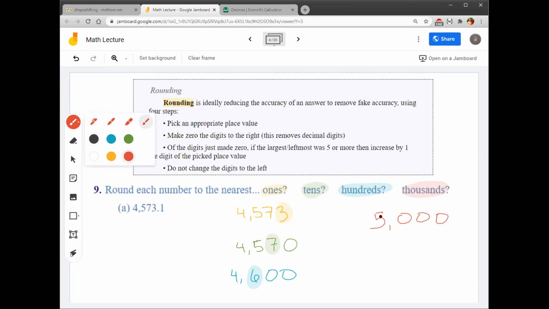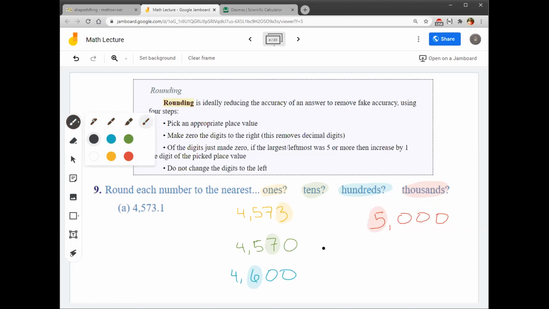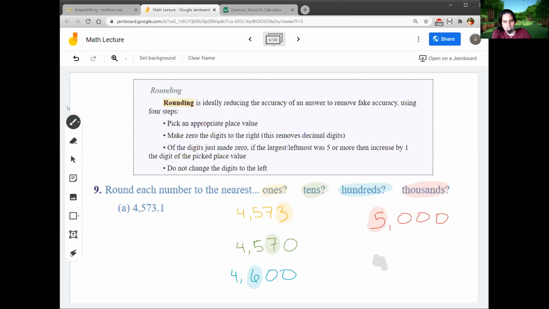Okay, wait, I'm confused. I got lost. At which point? Why are you rounding it to a 5? Was it because you looked back at the 573? Because I had the 4,573.1, and when I wiped out these, the biggest one was 5 or more.